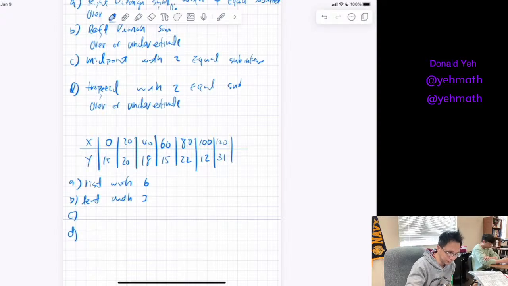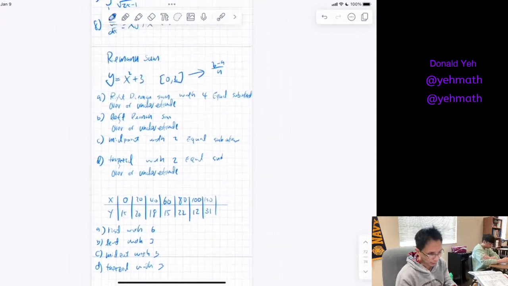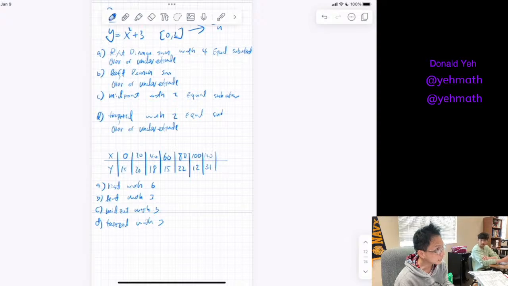Left with 3. Or midpoint with 3. Or trapezoid with 3. I can ask you like this. Is that okay? Right Riemann sum, left Riemann sum. Okay?